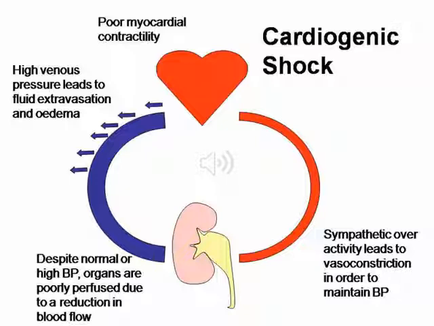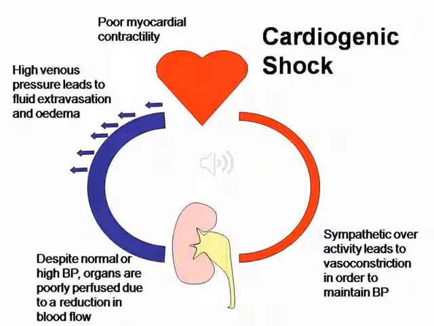So, due to the inability of the heart to pump, the blood will accumulate in the venous system, causing an increase in the venous pressure, which will lead to tissue extravasation and edema, especially in the lungs, causing pulmonary edema. At the same time, there is sympathetic overactivity in an attempt to maintain normal blood pressure.